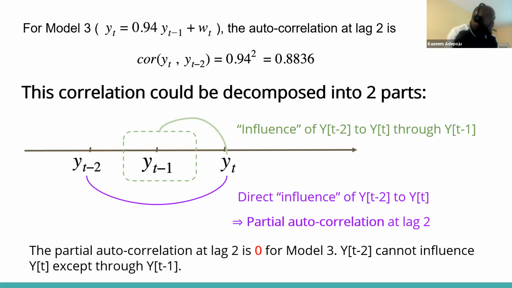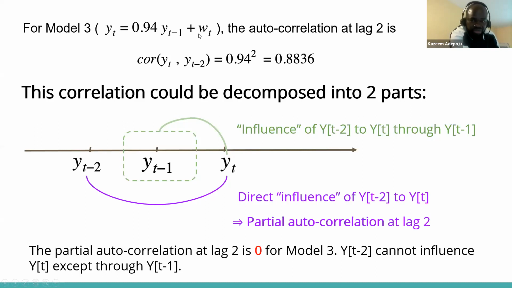This is what I'm trying to talk about. We actually want to compute partial autocorrelation. As we have autocorrelation, we also have partial autocorrelation. If you take a look at the model we're talking about, we are trying to look at the connection between the current and the immediate past, and that is the essence of the model.